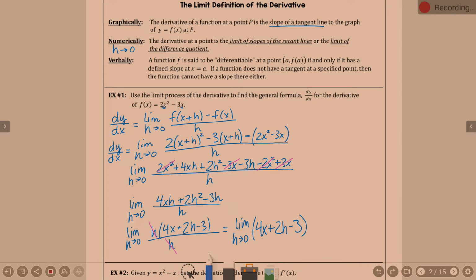Where does that 0 go in? It says h approaches 0, so it's going to go in right there. And so my limit becomes 4x plus 2 times 0 minus 3, which is 4x minus 3. So all of that to say that dy/dx is equal to 4x minus 3.